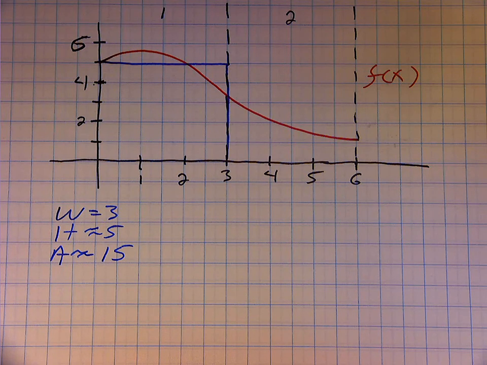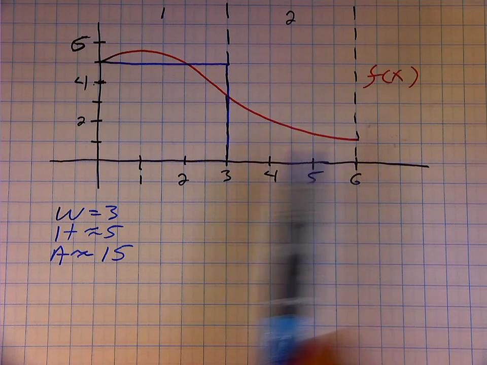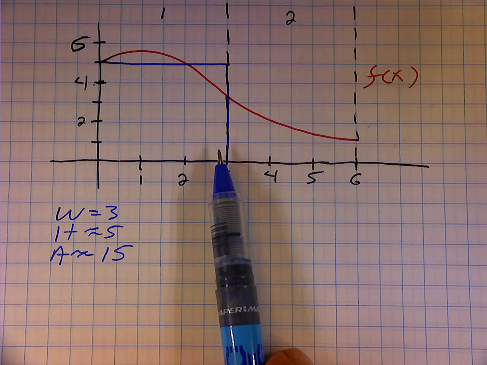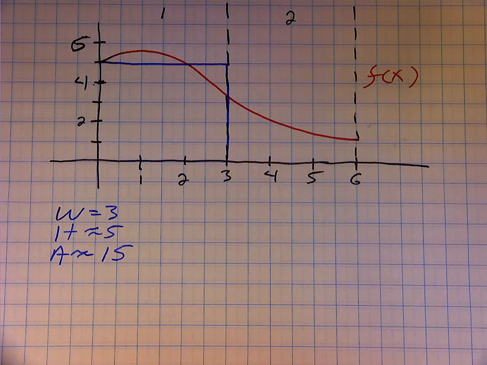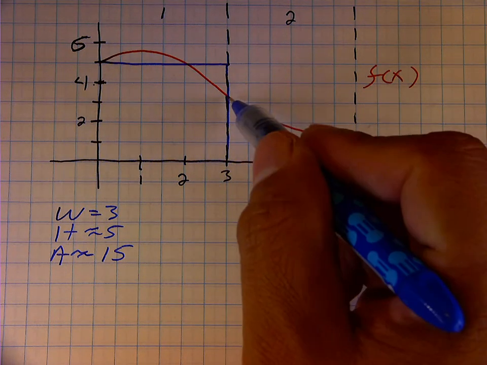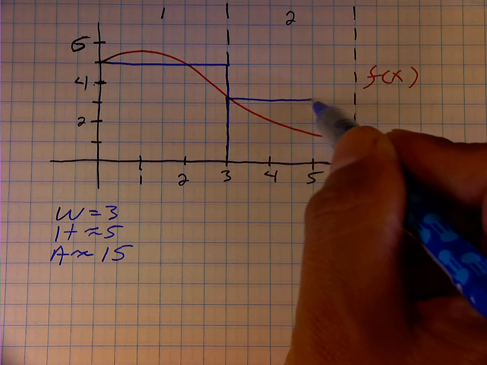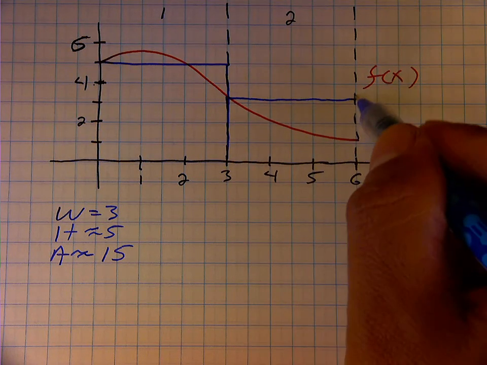Now I'm going to move to my second rectangle. I'll identify 3 sides of the rectangle: the bottom, the right-hand side, and the left-hand side. We're going to use for our technique the left-hand side. So I go to the left, I see where it touches the graph, and I put my height right there.